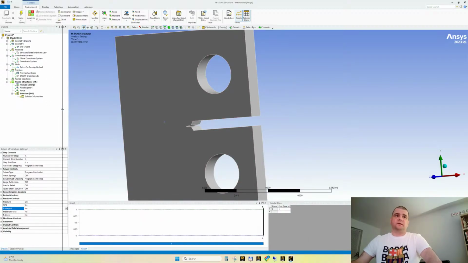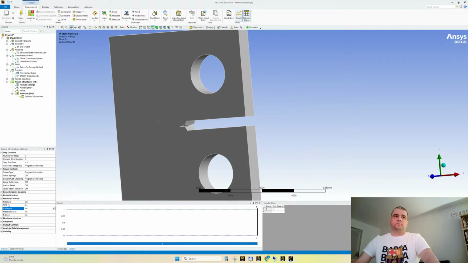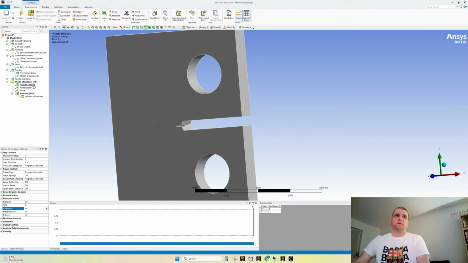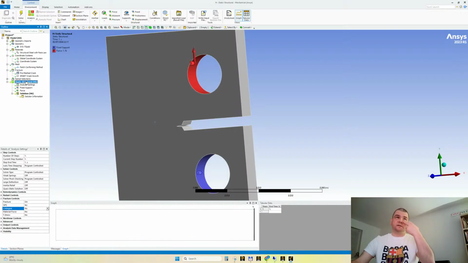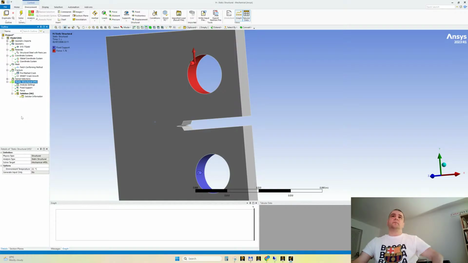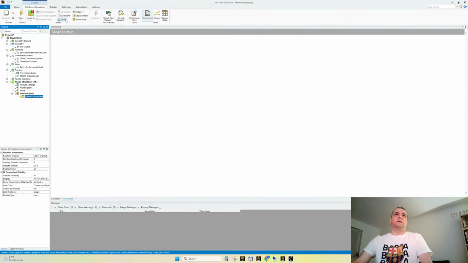We are in the microscopically small deflection and small deformation theory of strength of materials. We're not in nonlinear kinematics, whatever. No, we're not there. We're in static structural with the small deformation.